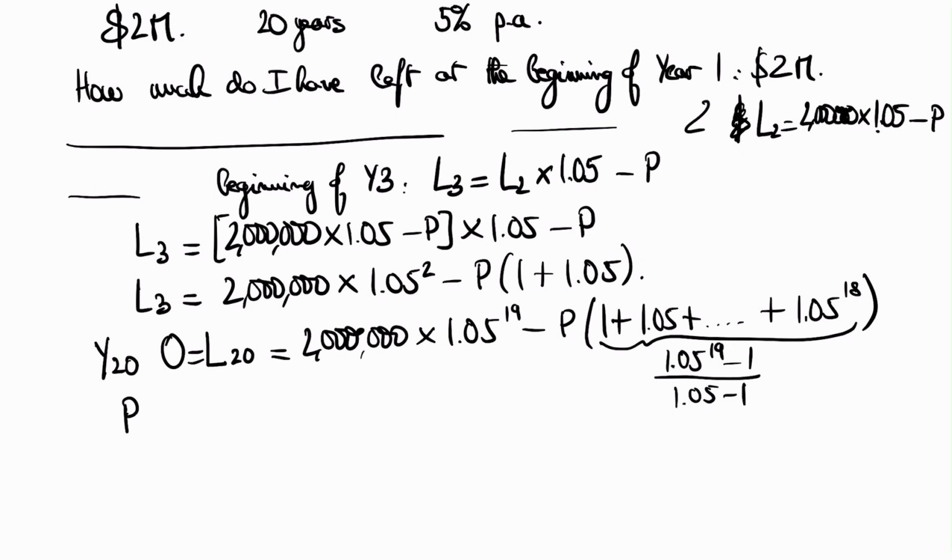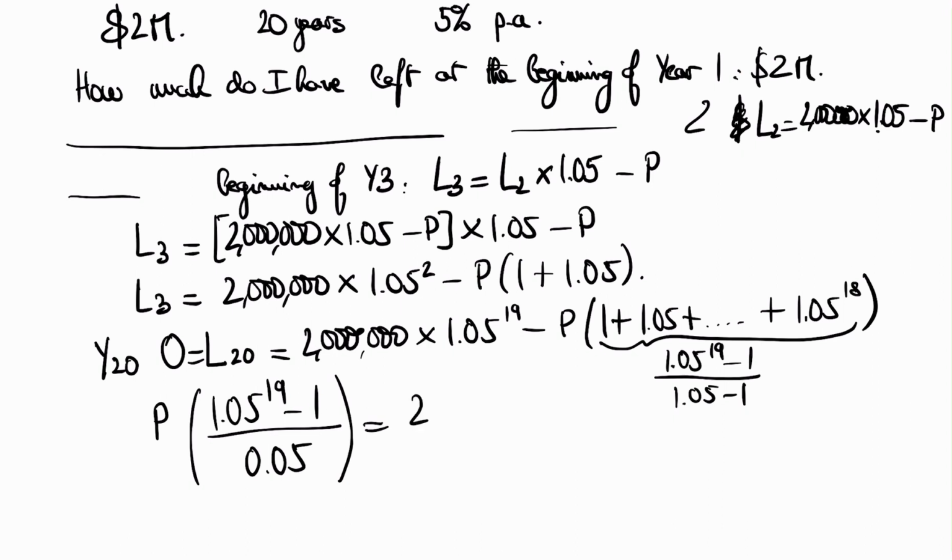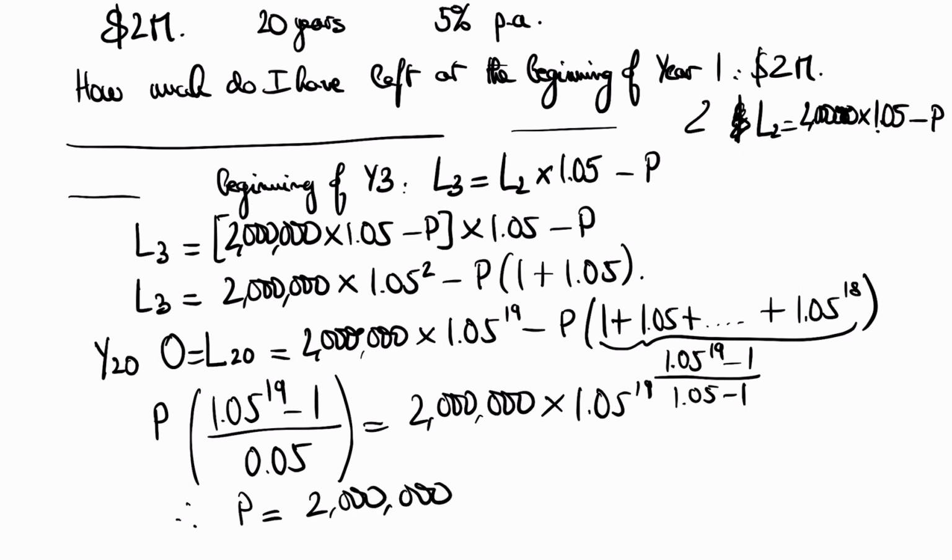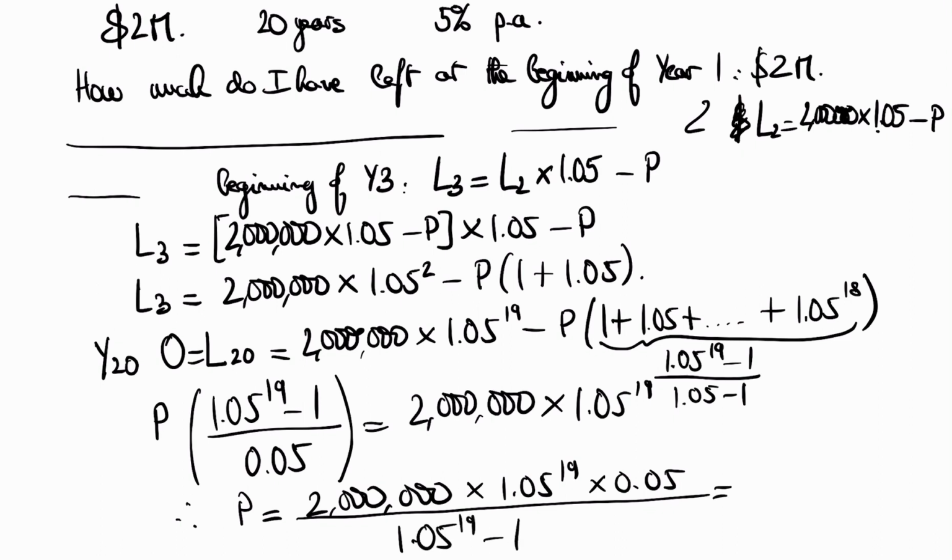So therefore P times (1.05 to the power of 19 minus 1) over 0.05 is equal to 2 million times 1.05 to the power of 19, and so P is equal to 2 million times 1.05 to the power of 19 times 0.05 over 1.05 to the power of 19 minus 1.